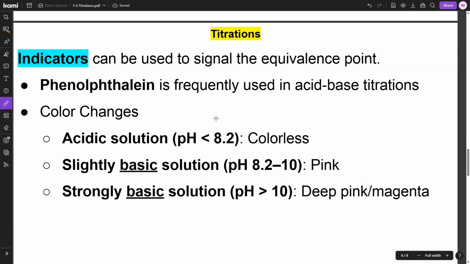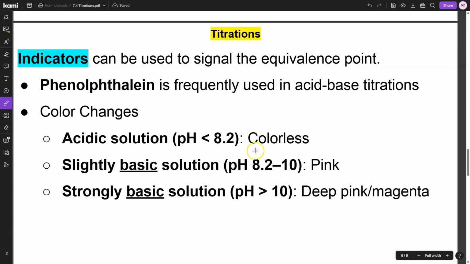So indicators are used to signal the equivalence point. Phenolphthalein is an indicator that is used commonly in acid-base titrations. It will help change the color of the solution so we can tell when your titration is done.